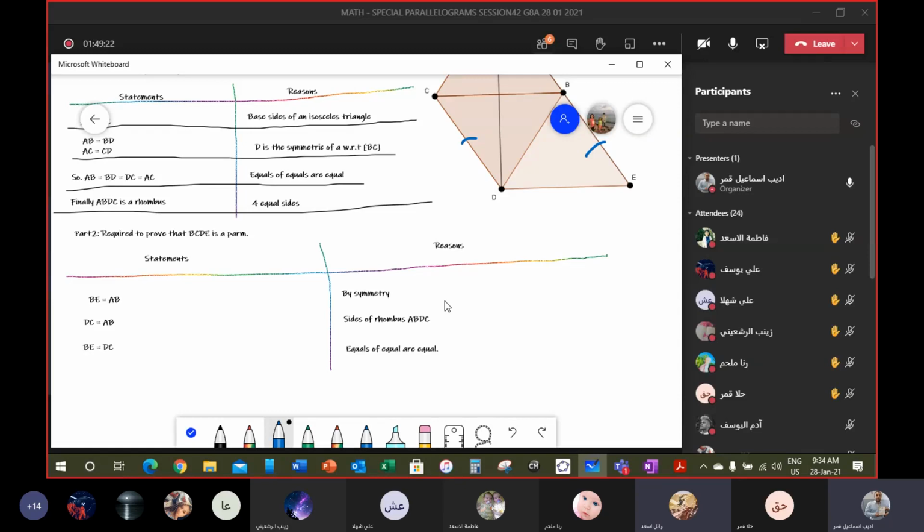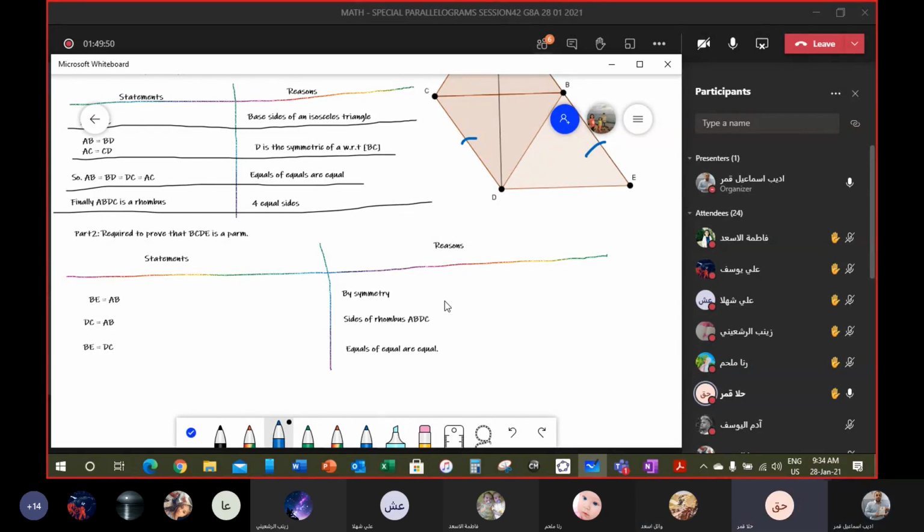Thank you Hala, teacher. Another one. We have BC equal ED. BC is the base of triangle ABC and ED is the base of triangle EBD. Then the quadrilateral is a parallelogram, and BC equal ED.